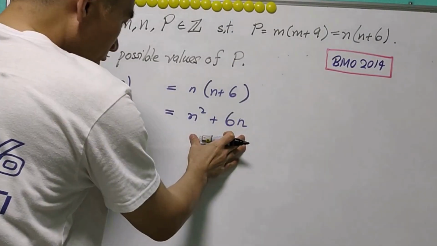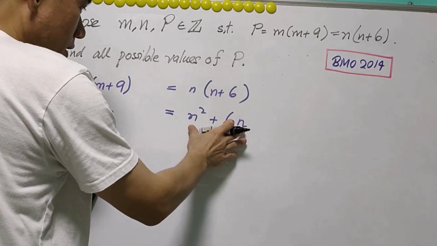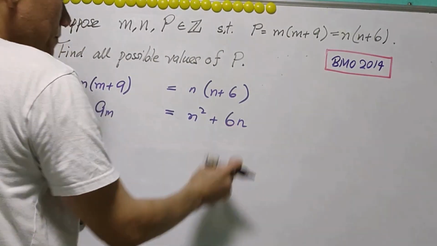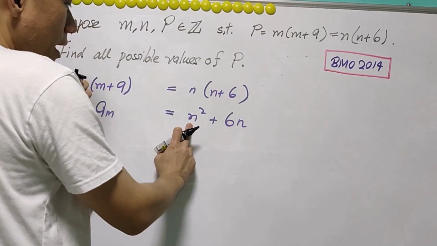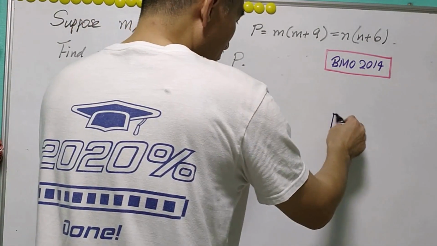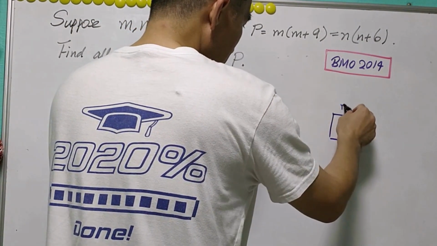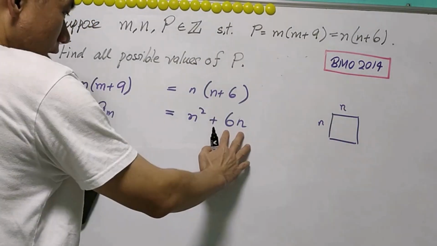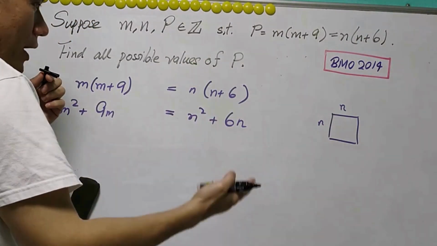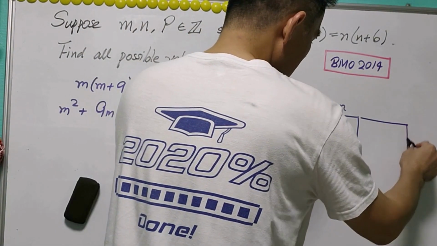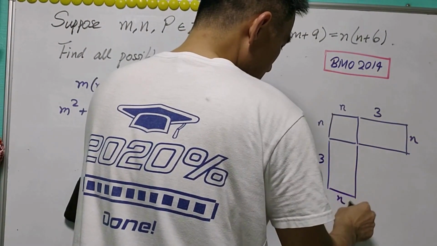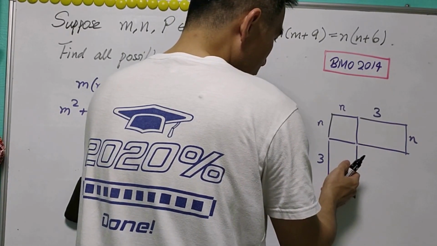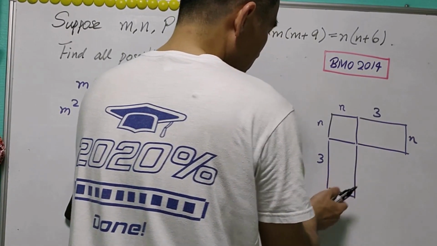For those who are not very familiar with completing the square, there is one nice explanation for the idea. We treat n squared as the area of a square of side length n. For 6n, we split into 3n plus 3n. Each of these is the area of a rectangle with dimensions 3 by n.